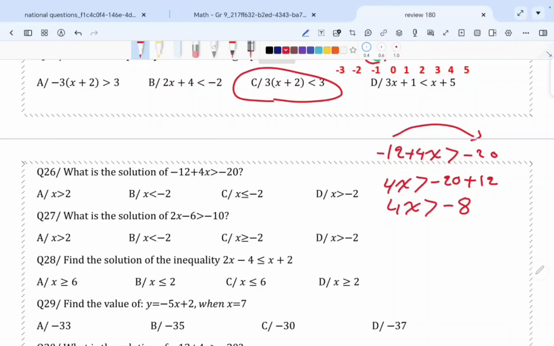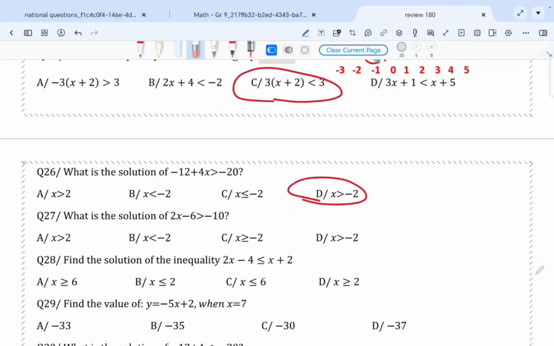X has to be alone, so divide by 4. 4 divided by 4 is 1, so x remains. Negative 8 divided by 4 is negative 2. Which one is x greater than negative 2? D. Okay.